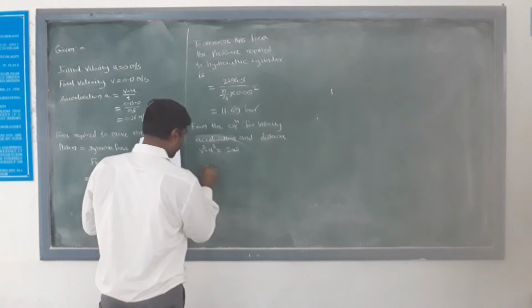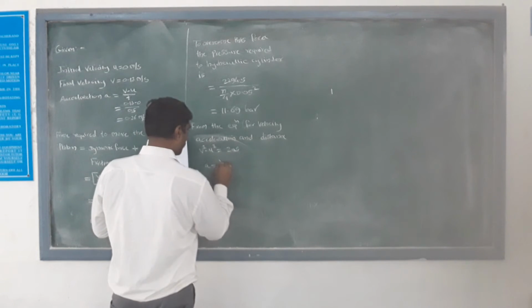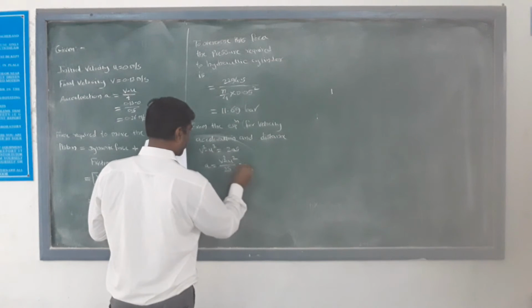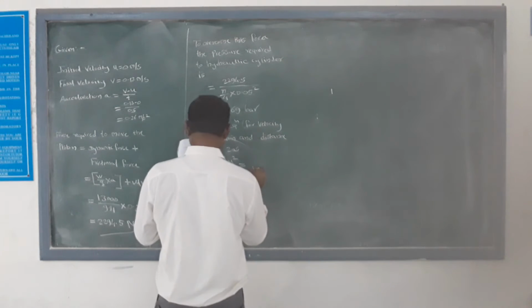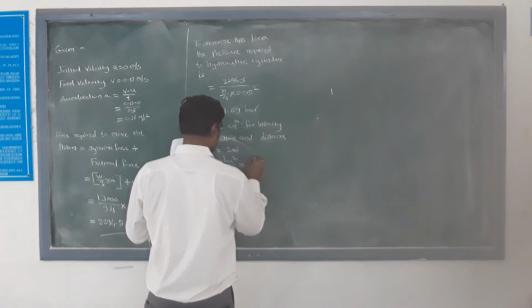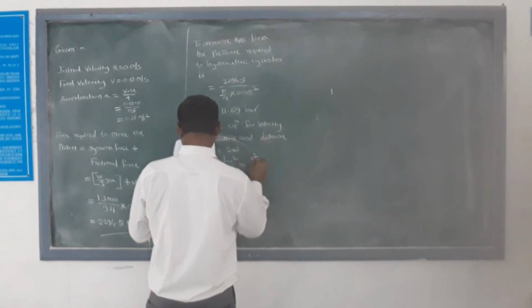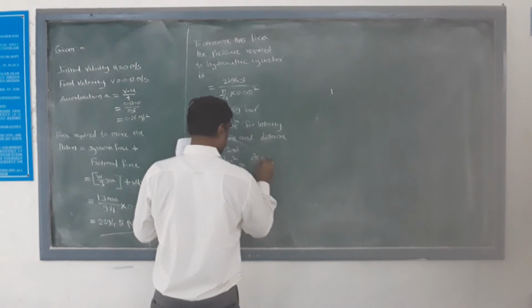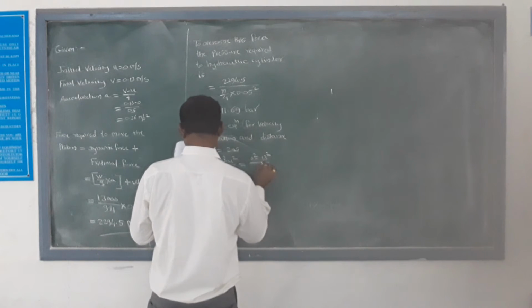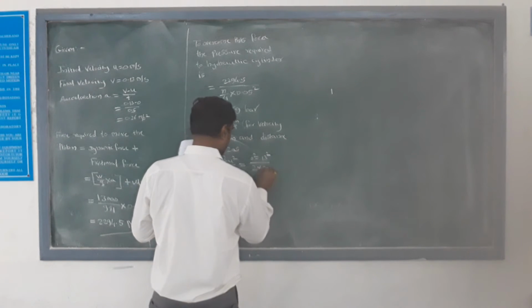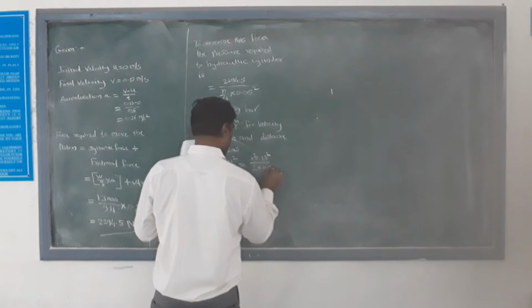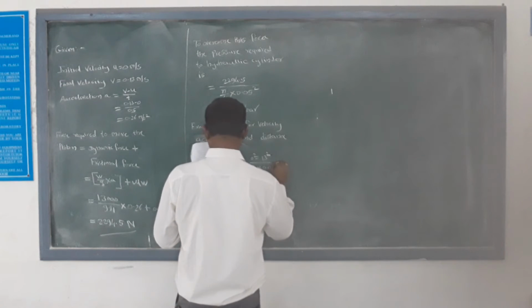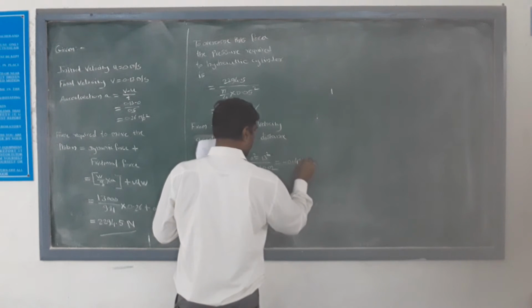So a equal to v squared minus u squared upon 2s, equal to 0 squared minus 0.13 squared upon 2 into 0.02, equal to minus 0.4225 meter per second squared.